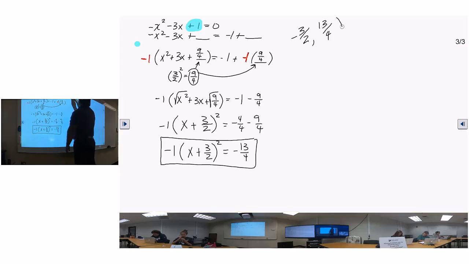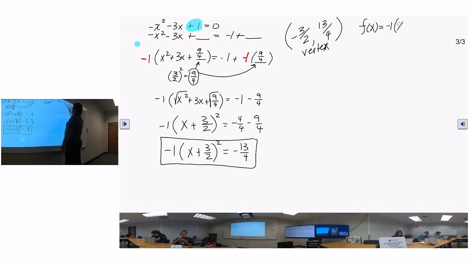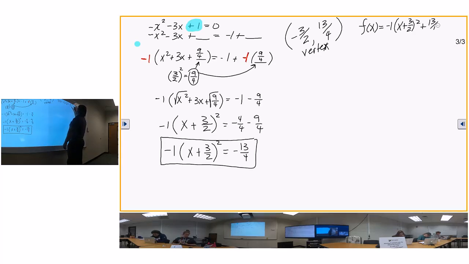And that's our vertex. And if we need to write it with our pinky up, it'll be f of x is equal to negative 1 times x plus 3/2 quantity squared plus 13/4. And that is the general vertex form that the books and academia like to put it in.